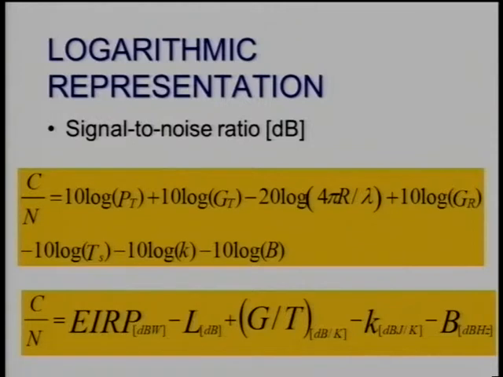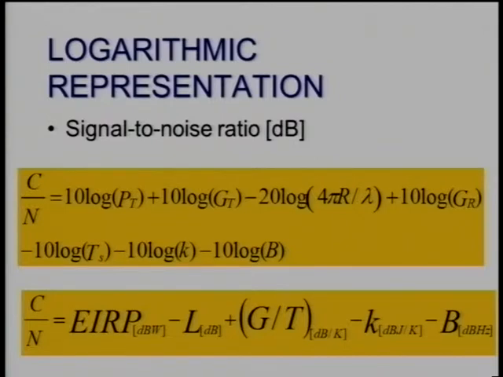Here we had the square, 4 pi r over lambda squared, if you remember. So the power can be put up front. We have 10 times 2, so here's the factor 20: 20 log 4 pi r over lambda, plus 10 log the receive antenna gain. And because the other terms are divided, here we have a minus: 10 log system temperature minus 10 log Boltzmann constant minus 10 log the bandwidth.